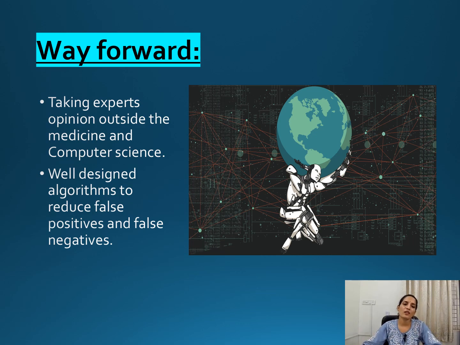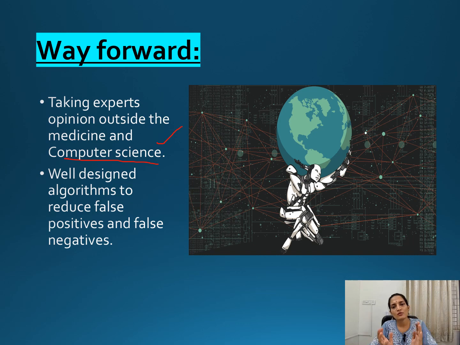So what is the way forward here? Taking experts' opinion from outside medicine and computer science. AI is designed by computer engineers, and if it is going to be applied in the field of medicine, both the doctors and the IT professionals have to collaborate in order to bring out an efficient machine.